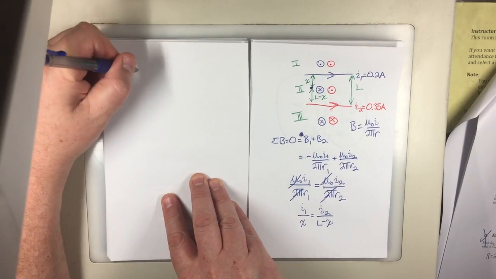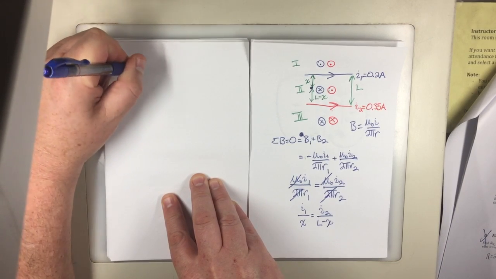Solve for X. Interesting. All right. Cross multiply.